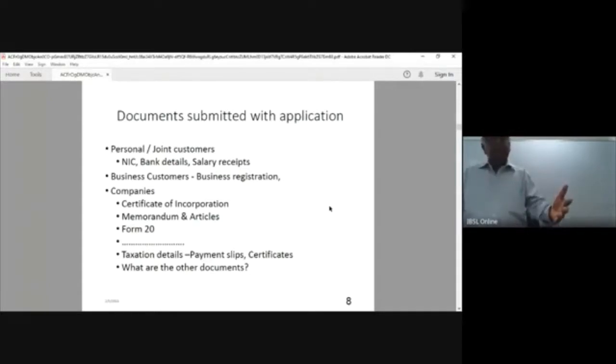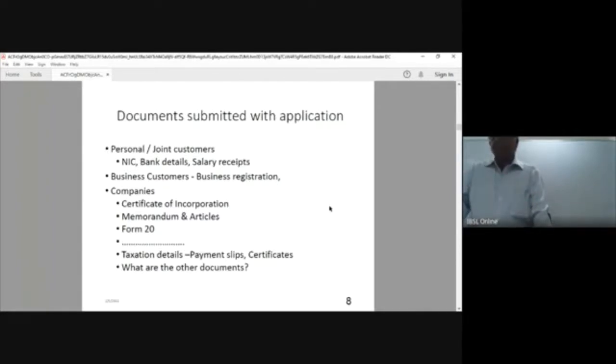In the case of companies, they have to submit the certificate of incorporation, that is the registration of the company with the registrar of companies. Earlier it was memorandum and articles, but now it is articles of association. Then form number 20 about the changes of directors of the company.